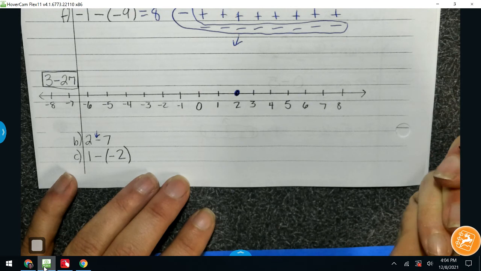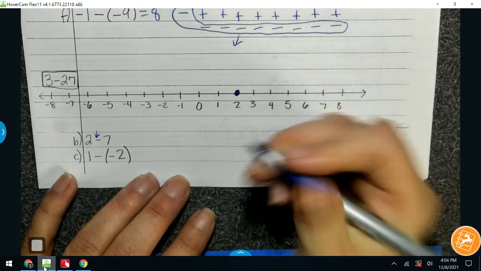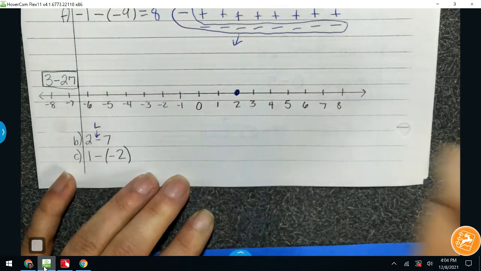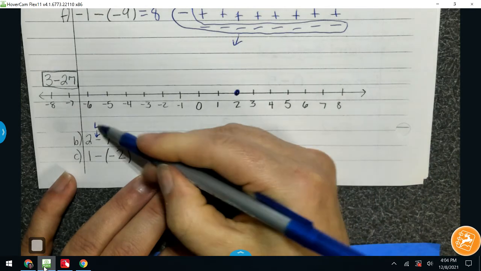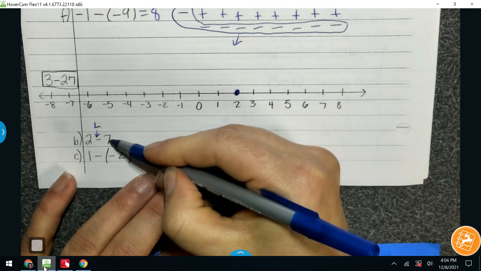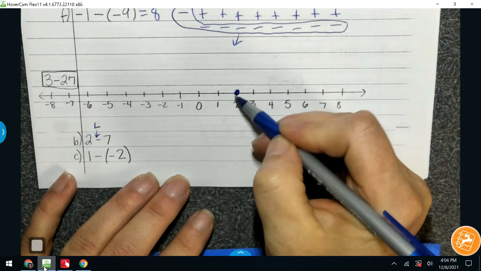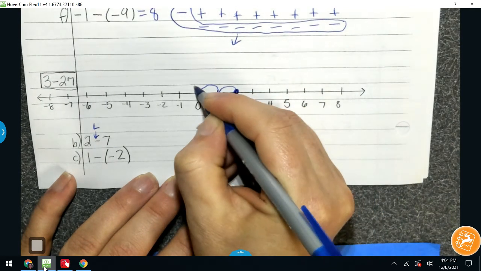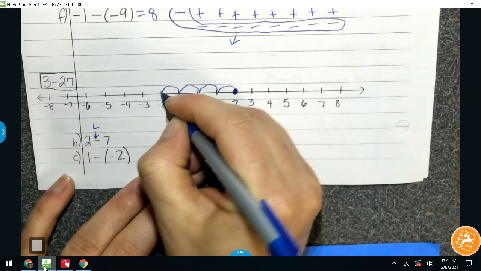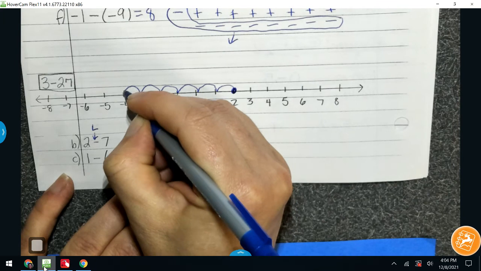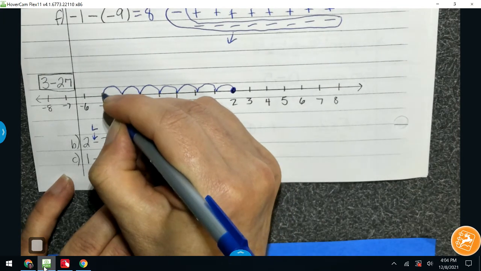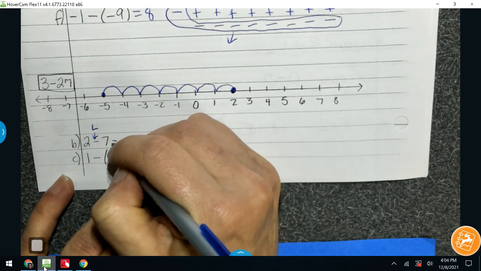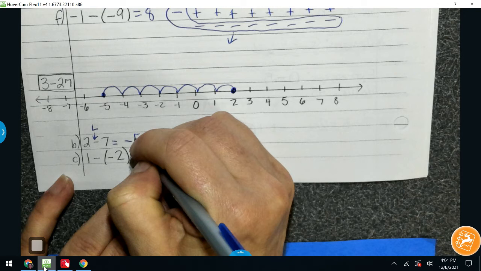And so that one right there tells me, because it's subtraction, it tells me to go to the left. So I'm going to go to the left 7 spots, 7 units. So I'm right here. I'm going to go 1, 2, 3, 4, 5, 6, 7. And I end up at the value of the opposite of 5.